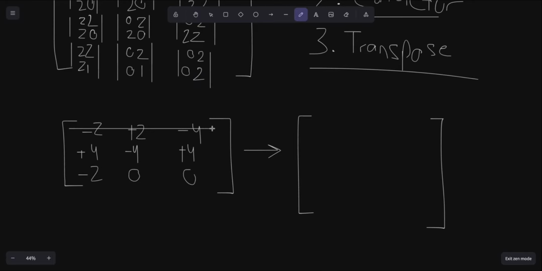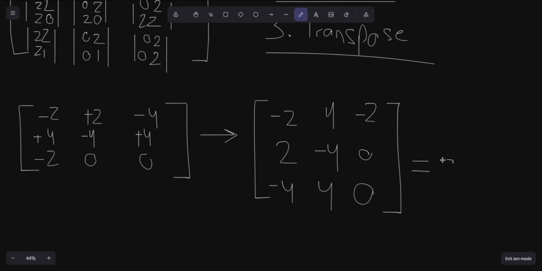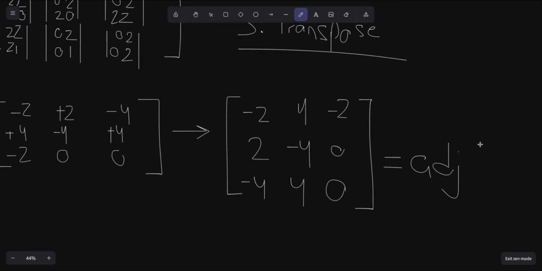So for example, the first row of this matrix becomes the first column of your transposed matrix. So this is -2, +2, and -4. The second row becomes the second column of the transposed matrix. So this is going to be +4, -4, +4. And finally, third row, you know the drill, third column. There we have it. This is going to be equal to the adjugate of our matrix D.